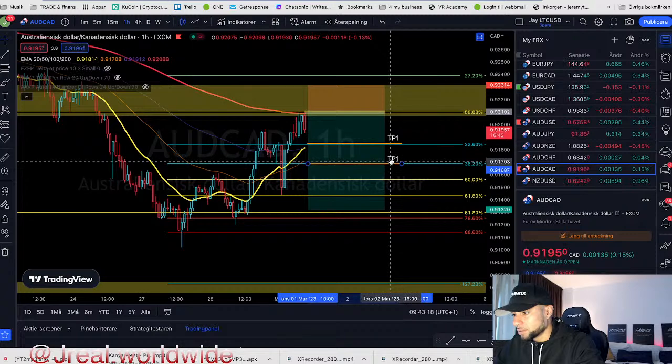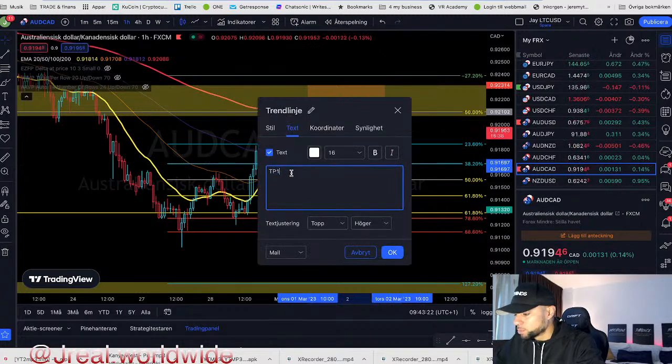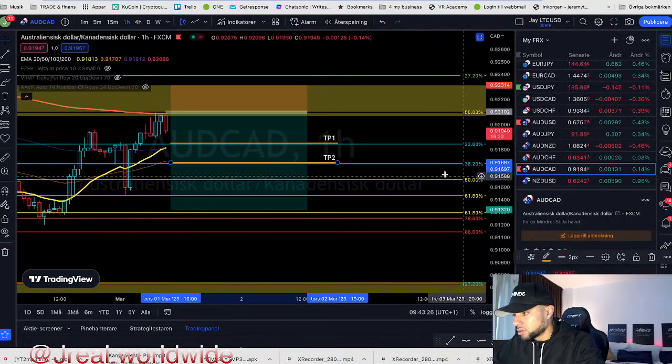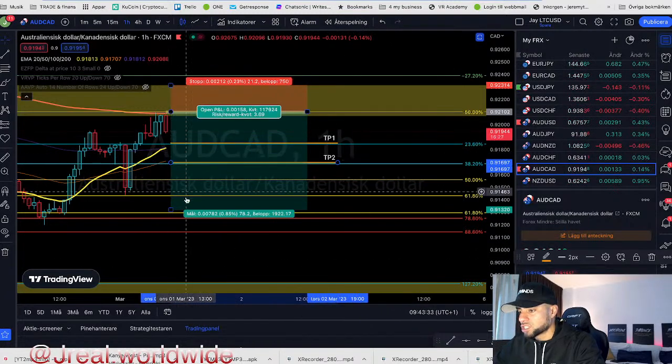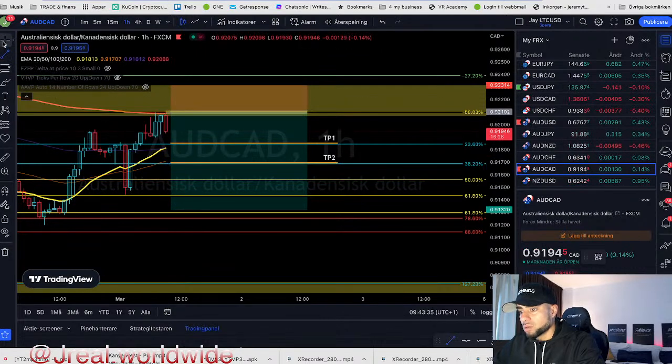Next one will be here. Remember what I said, I'm always putting the take profits just above the Fibonacci retracement level, because sometimes the market plays with us and reverses just above it. We don't want that to happen.